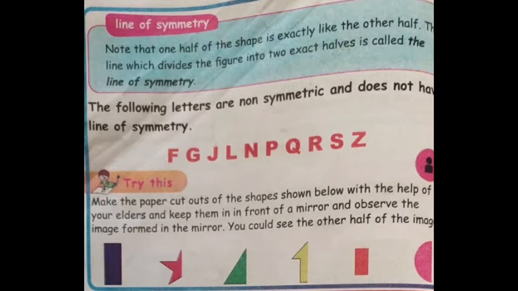For example, look at these alphabets of our English language. These letters are non-symmetric because when we divide these letters into two halves, they are not identical and they do not have a line of symmetry.